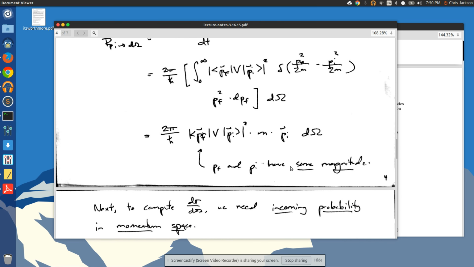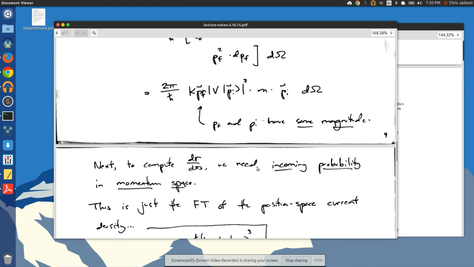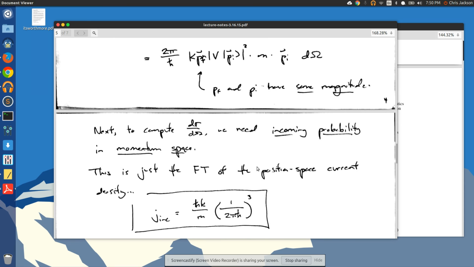Okay. And here we're assuming that p_f and p_i have the same magnitude, which would make sense. You wouldn't expect the magnitude of the initial and final momentum to change dramatically or drastically, right?